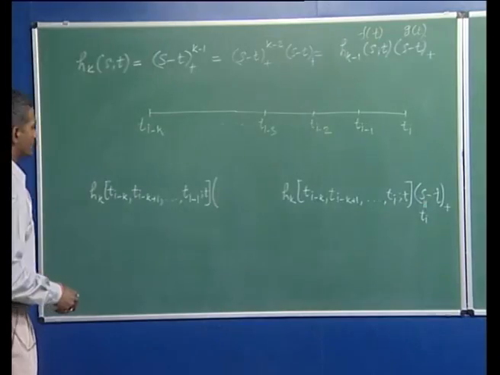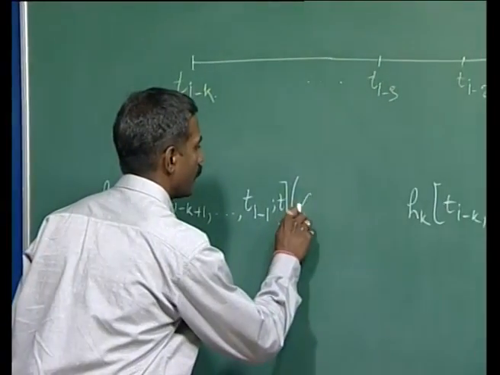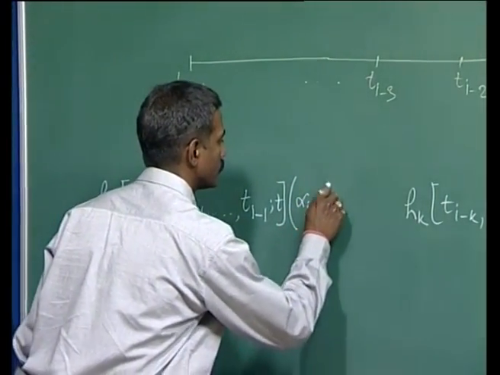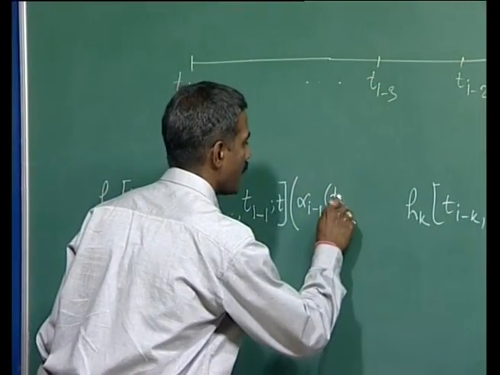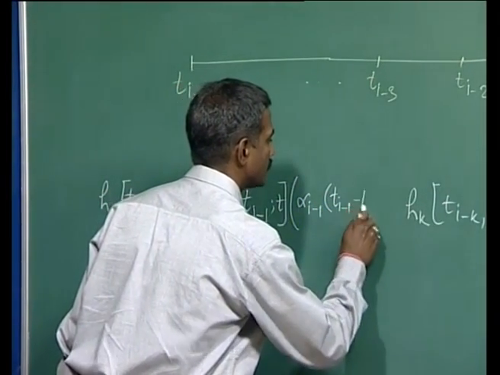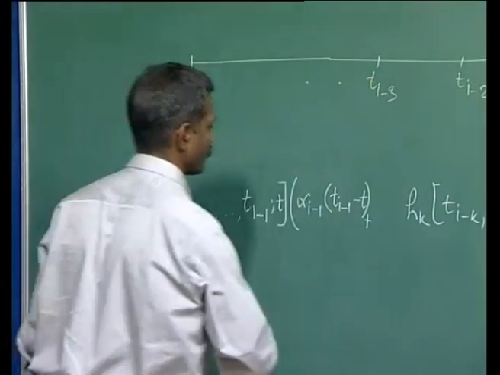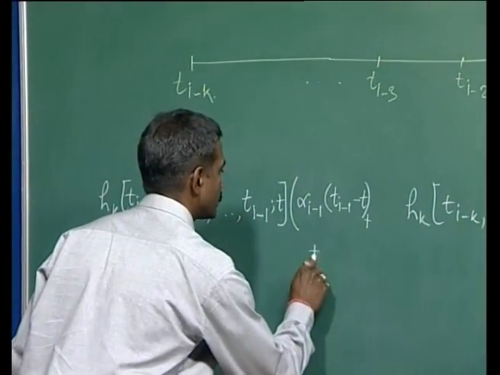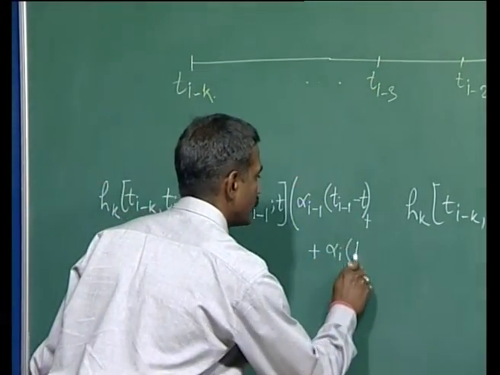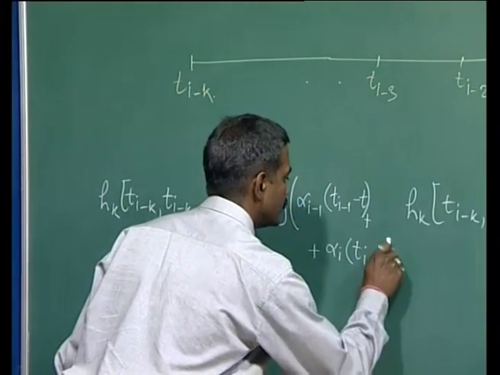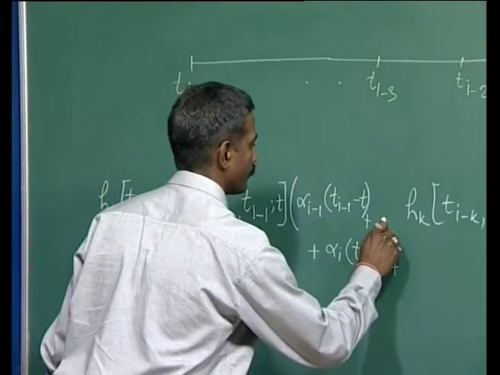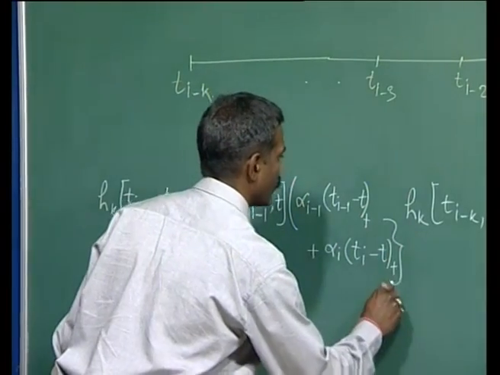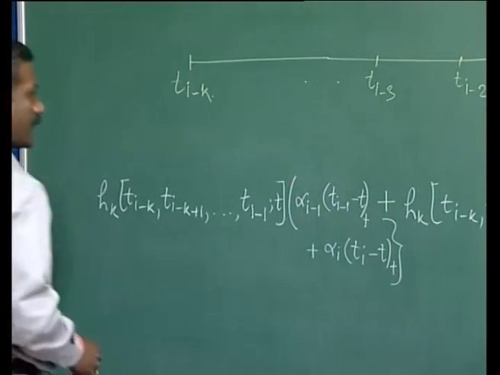That would be equal to alpha_i-1 (t_i-1 minus t) truncated plus alpha_i (t_i minus t) truncated. And of course, there would be a plus sign here.